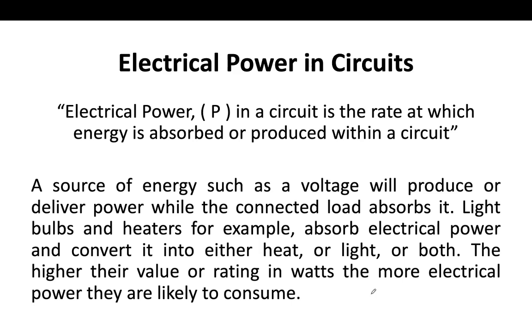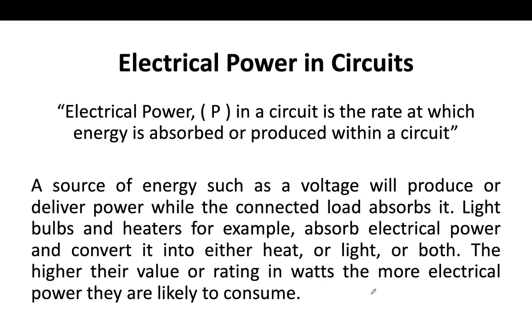So let's first talk about electrical power in circuits. Electrical power, which is also represented by the letter P in a circuit, is the rate at which energy is absorbed or produced within a circuit.